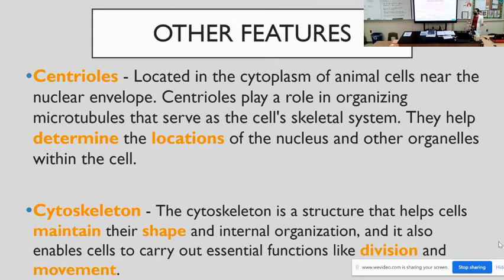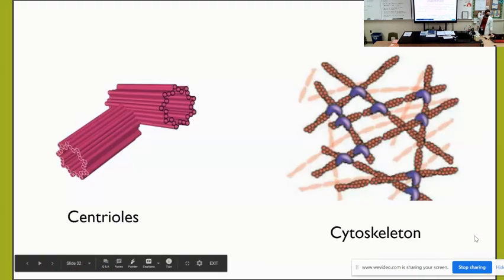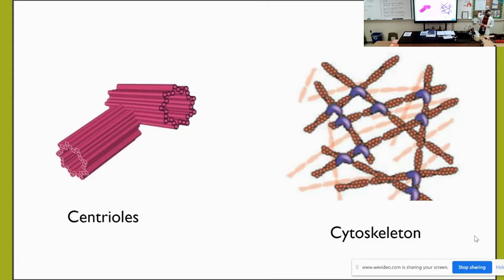Or when the cell divides and creates new cells, your cytoskeleton plays a role in that and how it divides and kind of separates everything out. Okay, so centrioles just look like these little tubes and rods, and then your cytoskeleton is kind of this woven knit structure throughout this cell.